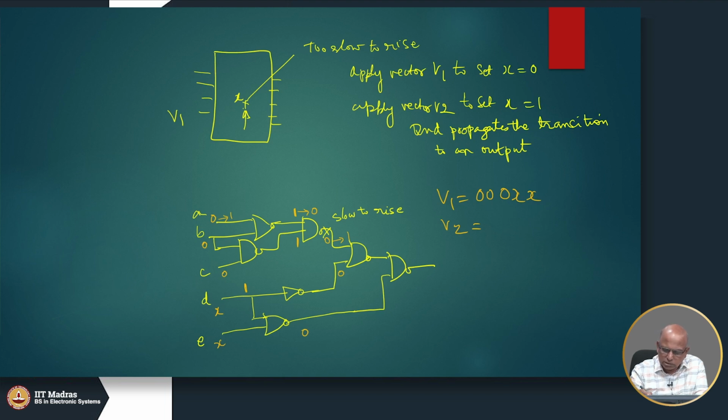Why? Because I was able to launch the transition, no problem, but to propagate it, I need a 0 here. That can only be done by putting a 1 here. The moment I put a 1 here, this will become a 0, and the output will become 1. There is no transition at the output. So in this case, there is no way to propagate the transition along this path. Let us pretend that there is another output here.